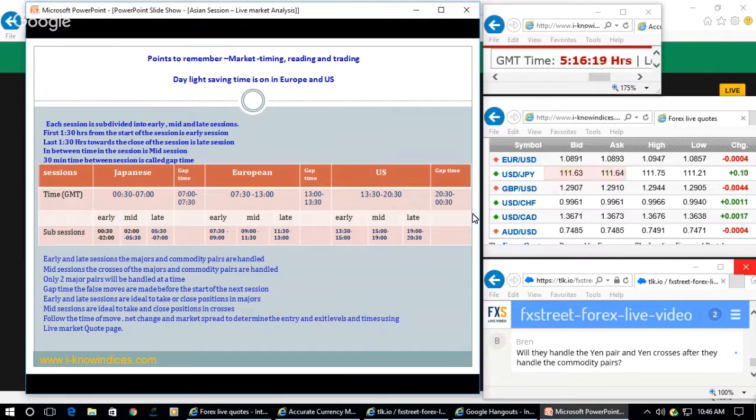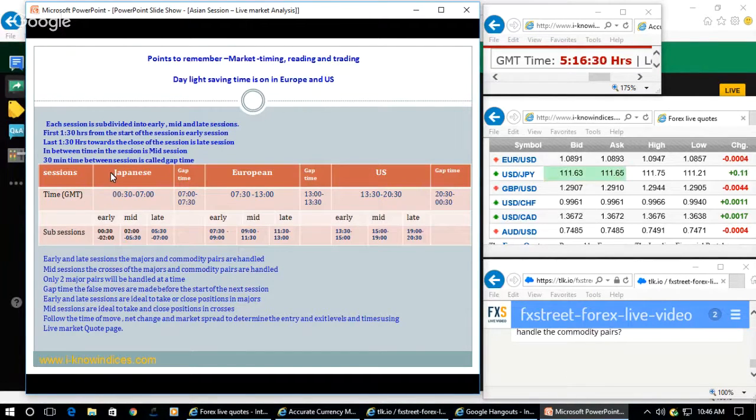These are all the market timings, the Japanese, European, and US sessions. So you can find out that early and in the late sessions they handle the majors, and in the mid sessions they handle the crosses. So when you are focusing on the crosses, watch the majors during the mid session.